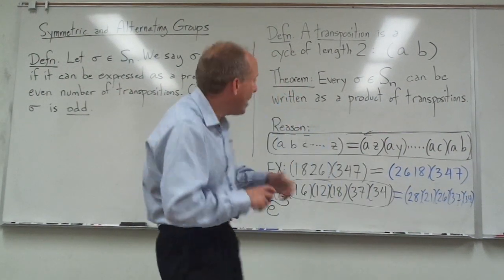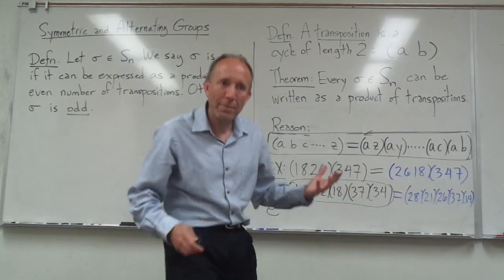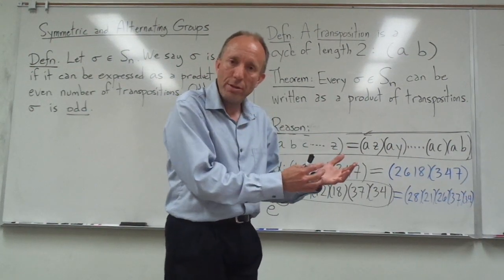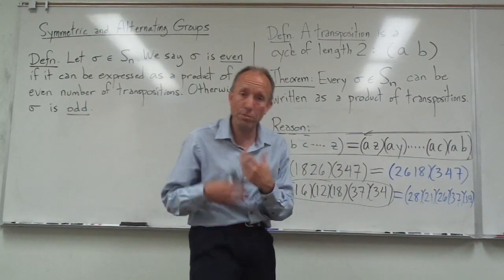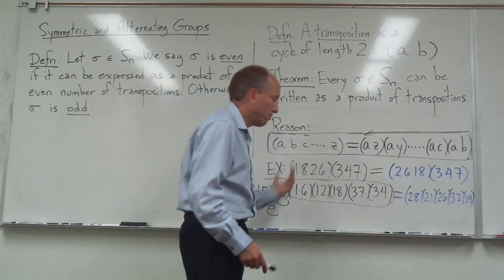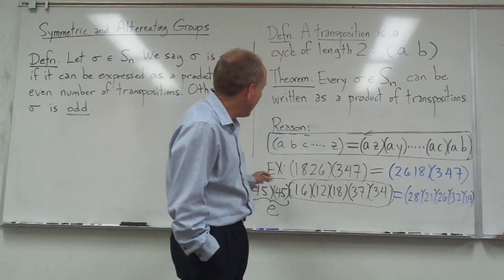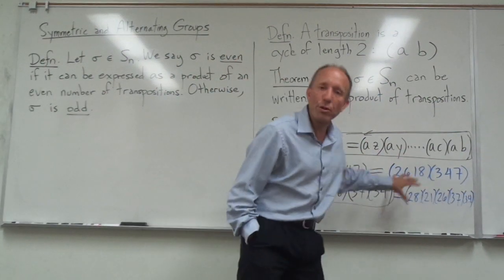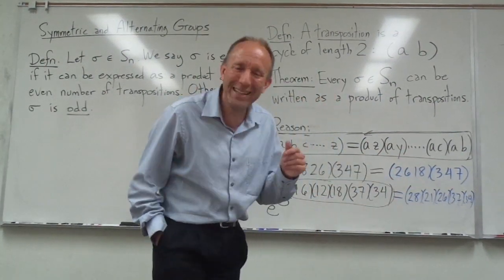There might be many ways to write our element as a product of transpositions, and even the number of transpositions might not be unique, but it seems to be, at least for this brief little moment, that if you finagle it in different ways, finagle, is that a word?